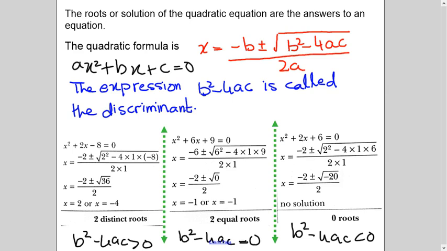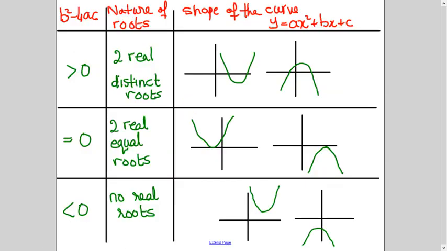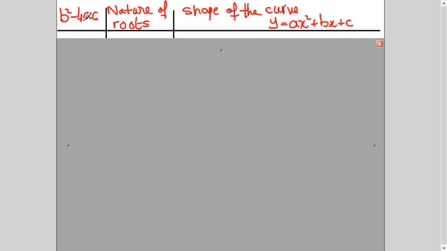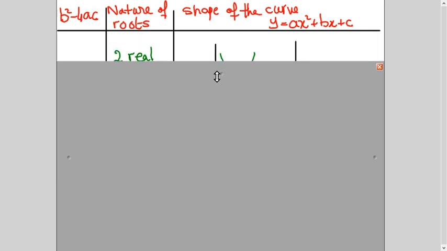Now let's see the visual understanding of what we have just seen. For b square minus 4ac, what type of roots we will have and what type of shape the graph will have.